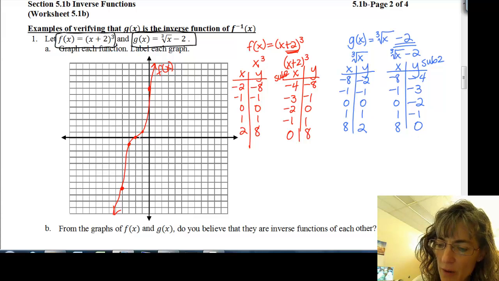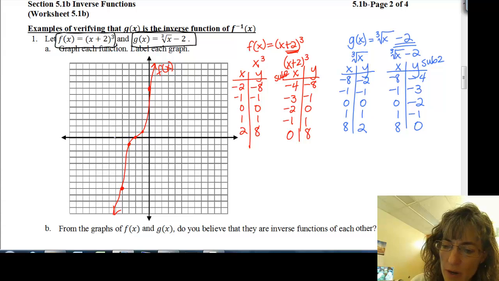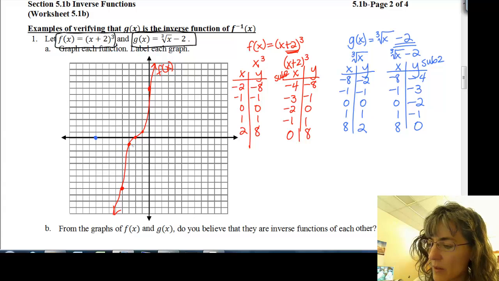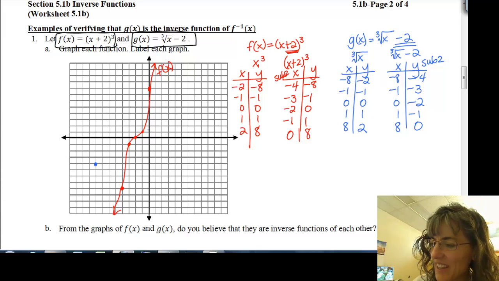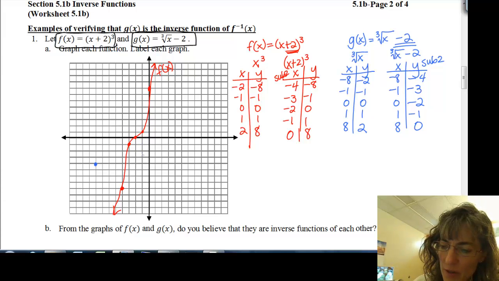So I have -8, -4, 1, 2, 3, 4, not really there at 0, and then -1, -3, 0, -2, 1, -1, and then 2, 3, 4, 5, 6, 7, 8, 0.